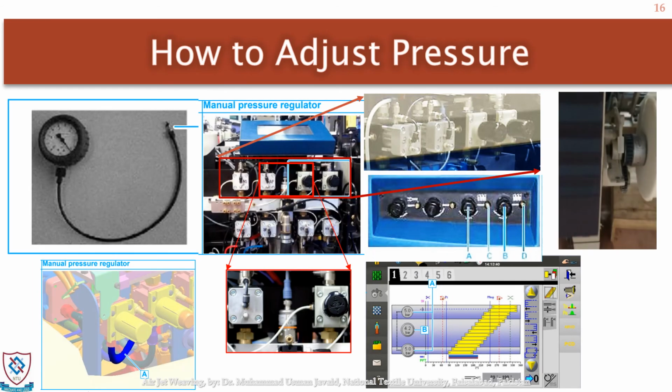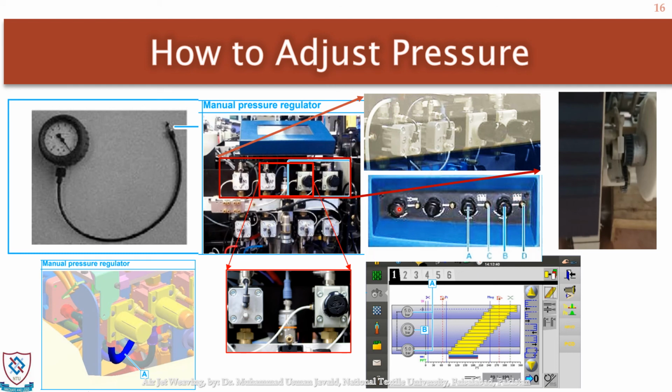Dear students, on this slide I want to explain how the pressure adjustment can be done on the machine. Actually there are two methods. One is the conventional method that uses these regulators.